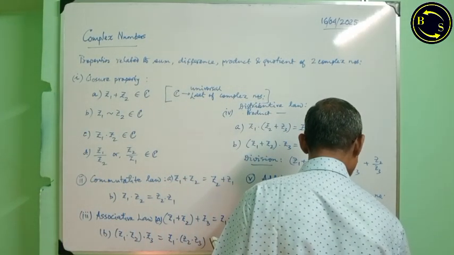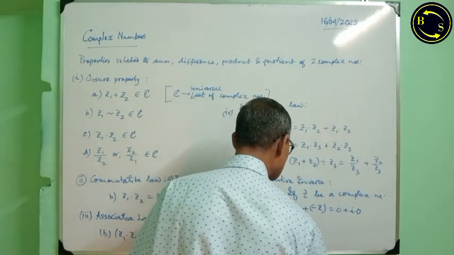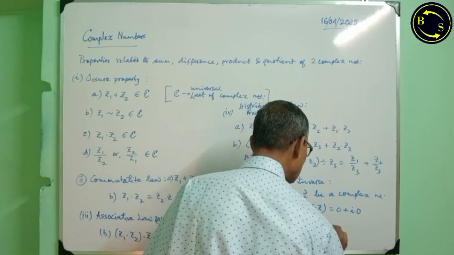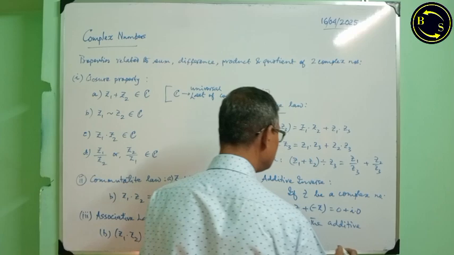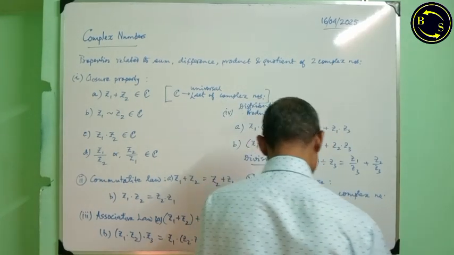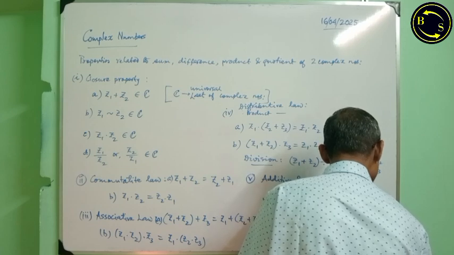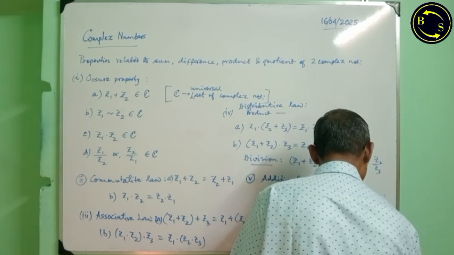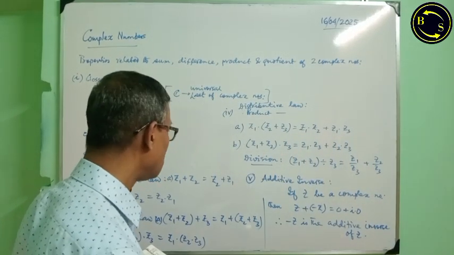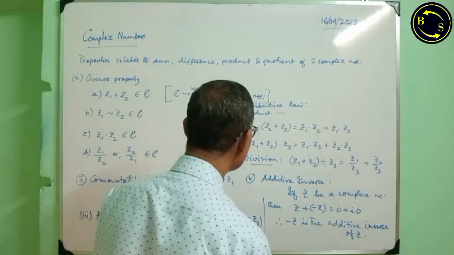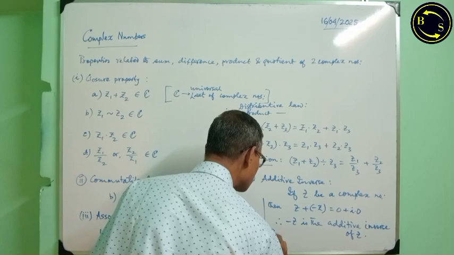That can be written as like this. Therefore, minus Z is the additive inverse of Z. It would be better if I mention this first.